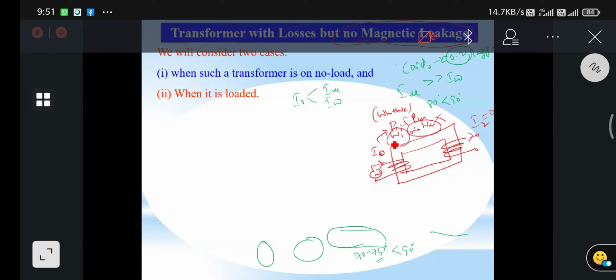We have considered the iron losses. This is what happens in a practical transformer under no load condition, but I have not considered magnetic leakage here. This no load current has two components: magnetic component of current and working component of current.